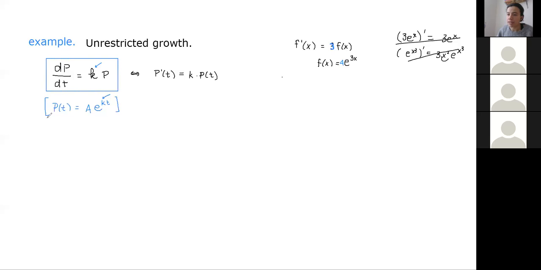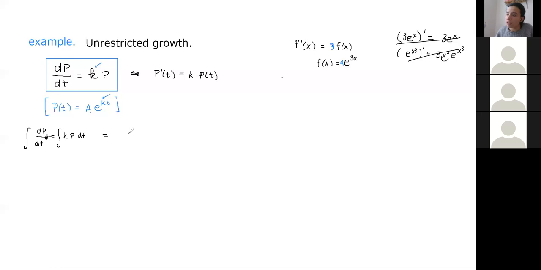I have that dp over dt is equal to k times p, the function p, and the thing that's unknown in this case is the function p, right? So the first thing that I'm going to do here is integrate both sides with respect to t.